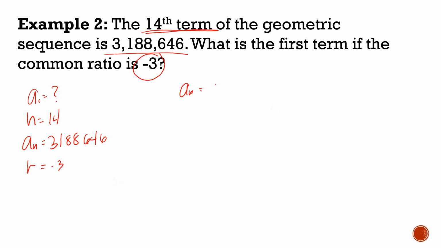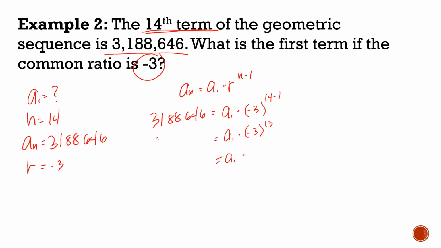So I'm going to write the formula here. Just a reminder. And then an, we will replace that by 3188646. Our a1 is, we don't know, of course. Our r is negative 3. 14 minus 1. So this is a1 times negative 3 raised to 13.